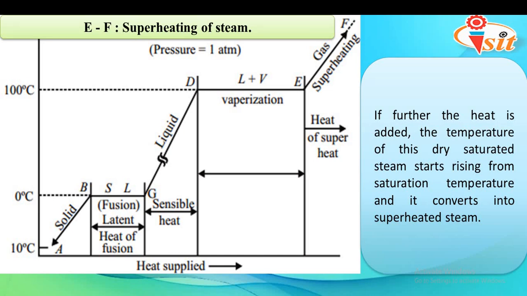Even in a thermal power plant or steam power plant, we utilize superheated steam for running the turbines. So you should note the use of superheated steam. This is all about how the formation of steam takes place.